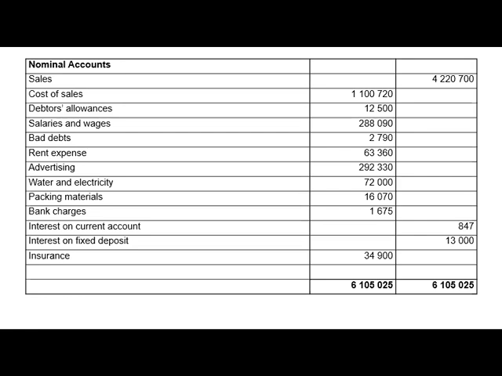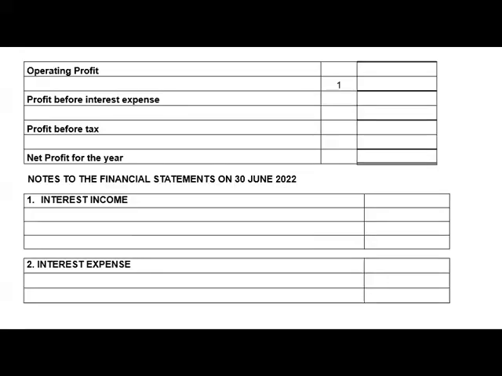Those two will be recorded in note number 1 and will be shown right at the bottom of your statement of profit or loss under interest income. So that 847 as well as interest on fixed deposit of 13,000 will be shown as your interest income.